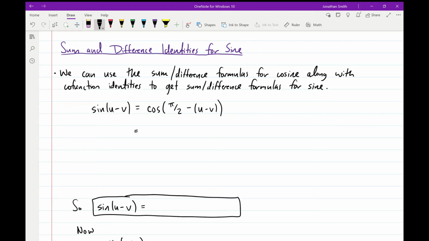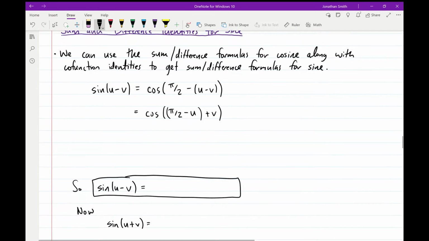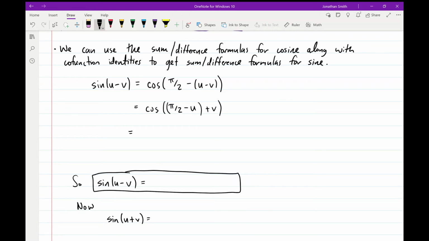And from here, we can rewrite this as cosine of (pi over 2 minus u) plus v. And now let's use our formula that we have for the addition of angles in cosine. So this is going to give us cosine of (pi over 2 minus u) times cosine v minus sine of (pi over 2 minus u) times sine v.